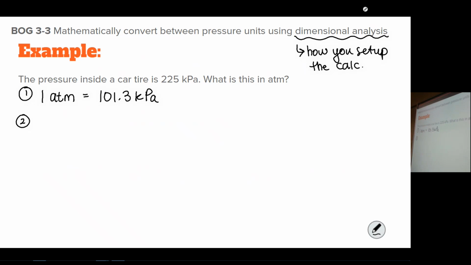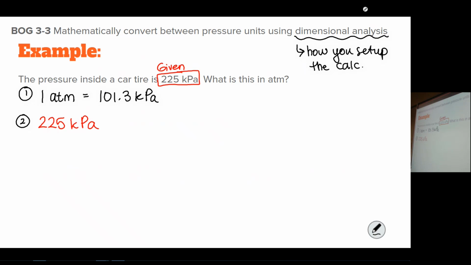properly. So for this, whenever you set up, you always start with what's given to you. So you always write that first. So my 225. And then I'm going to set up my conversion. So this is just like unit conversions that you guys have probably done prior to. So if I was converting like feet into inches or miles into feet, those different conversions, it's the same concept.